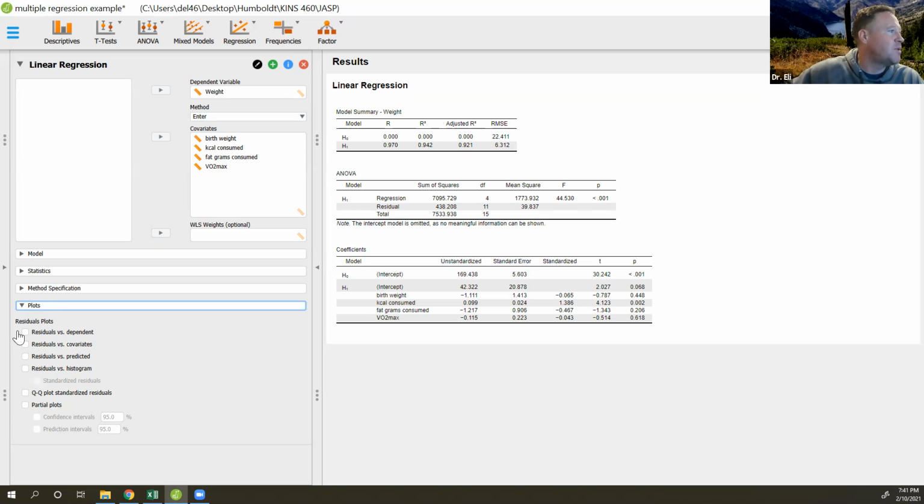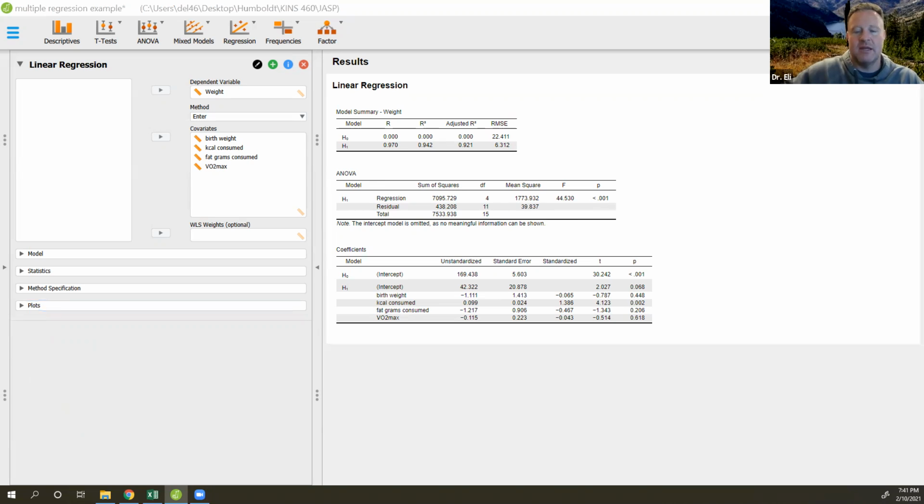If you don't understand what the plot means, I wouldn't mess with it, because at the end of the day, all we care about is this p-value associated with the multiple R squared adjusted, and is the whole model significant? All right, and I believe that is it.